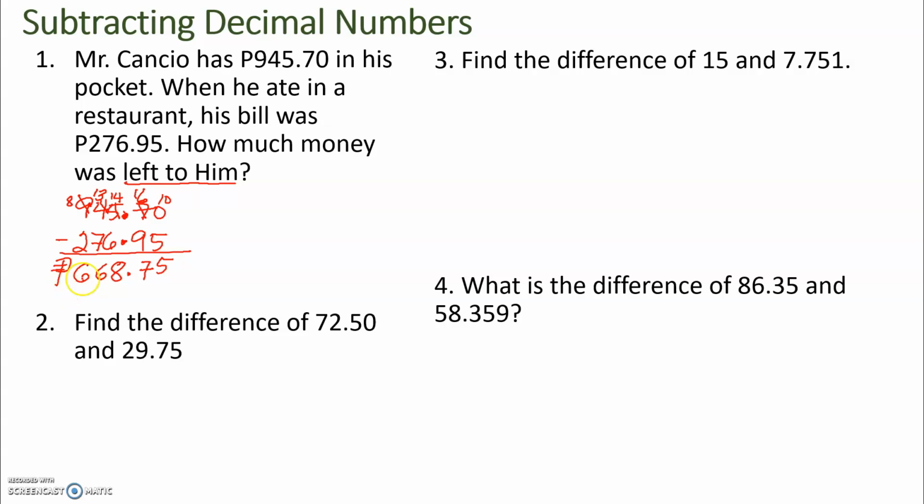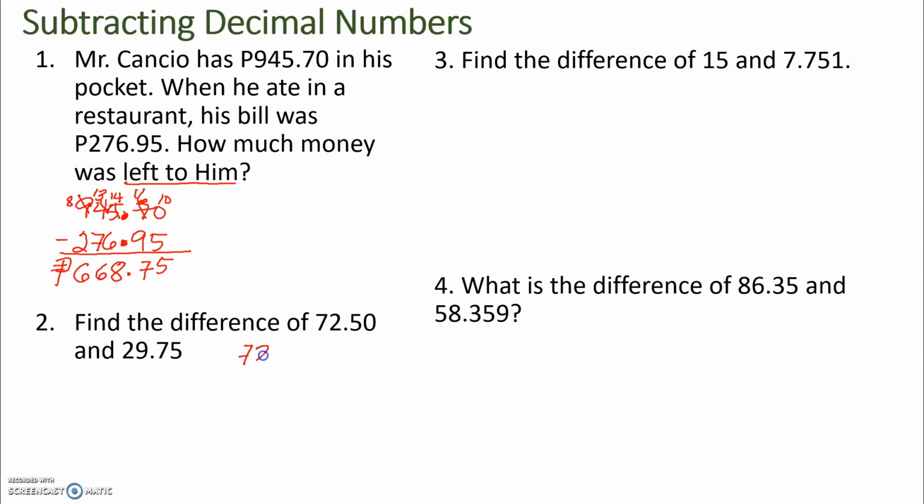So that's the important thing that we will do to subtract decimals, is to align the decimal point. Okay, so for example number 2, find the difference of 72 and 50 hundredths and 29 and 75 hundredths. Again, align the decimal points.